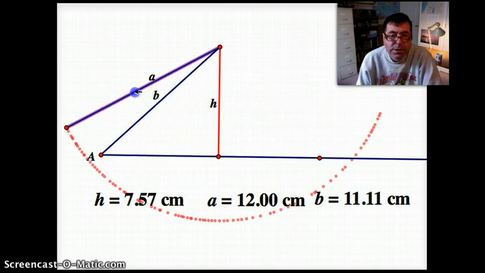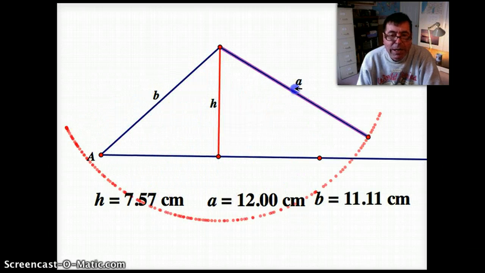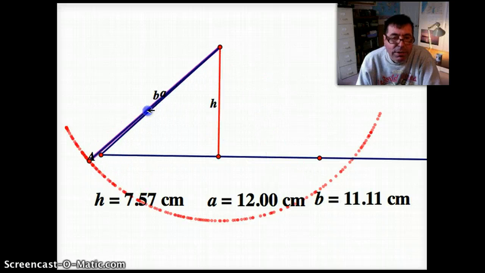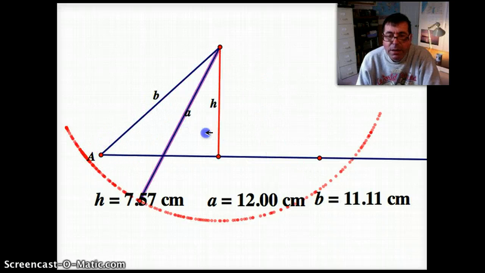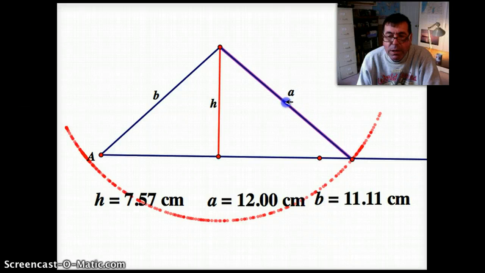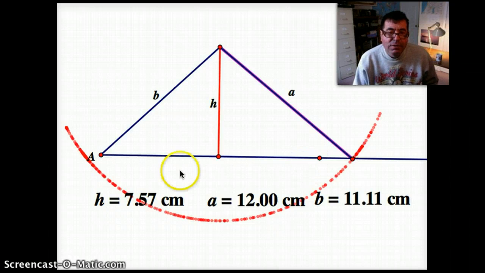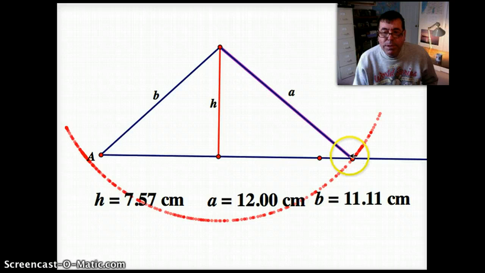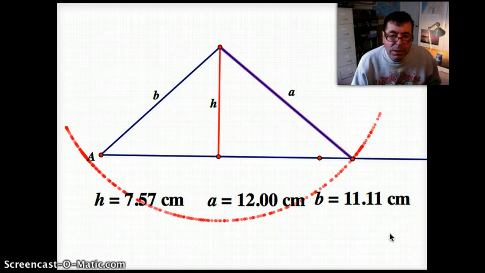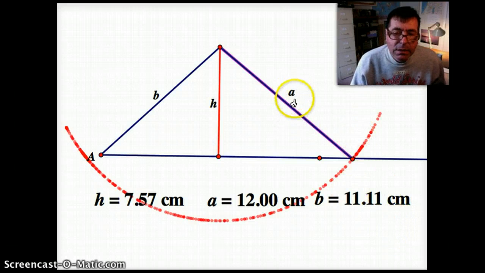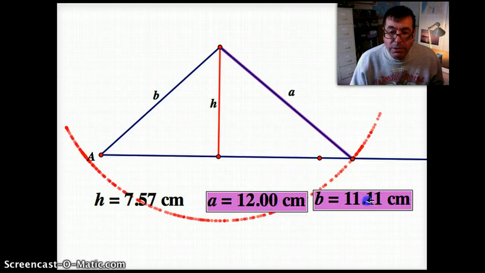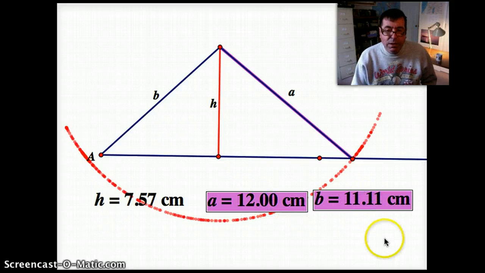Notice the points here. I can't form a triangle here, but I can form a triangle right here in this location. So how many triangles do I have? I have triangle A, B, C. I only have one triangle, and remember, this side is longer. So if a is greater than b, the answer is one triangle.